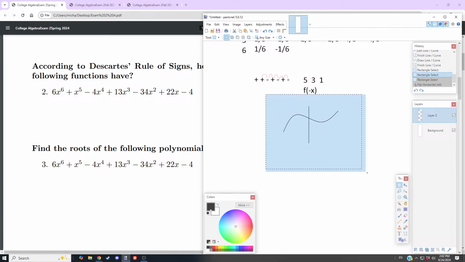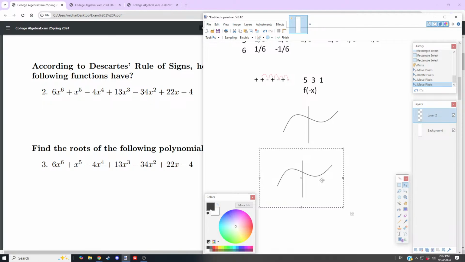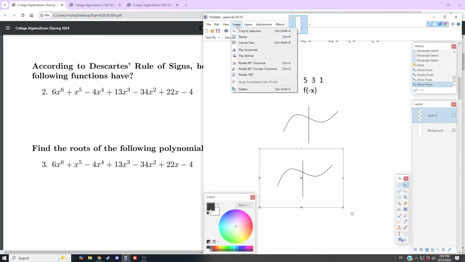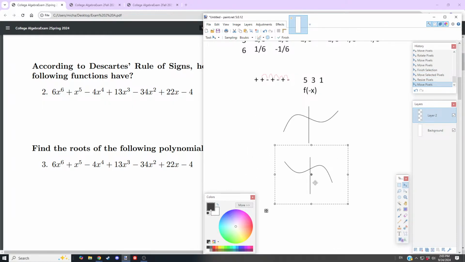Well, that would have been neat. I don't know how to do that. Okay. Oh, we can. There we go. So it would flip it across the y-axis like that.